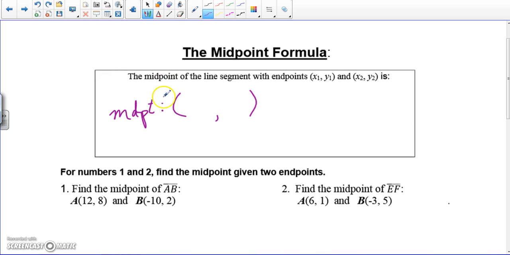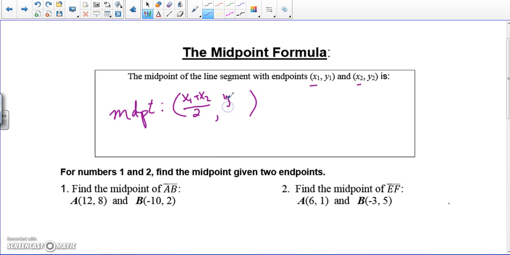And all it is, is the average of the 2 x-coordinates and the average of the 2 y-coordinates. You know average: you add them up and divide by the number of data. In this case, we just have an x1 and an x2. So the average of the x-coordinates is x1 plus x2 divided by 2.